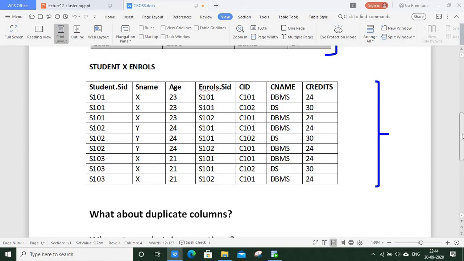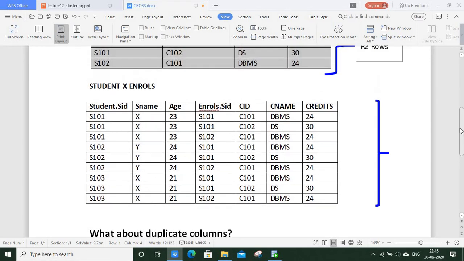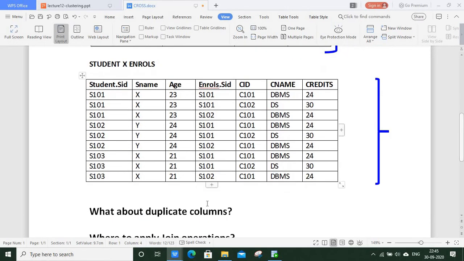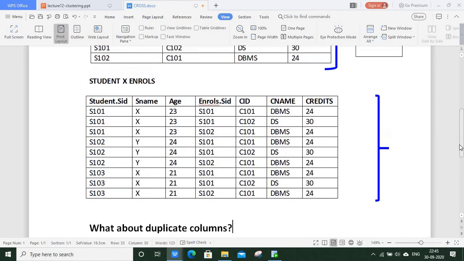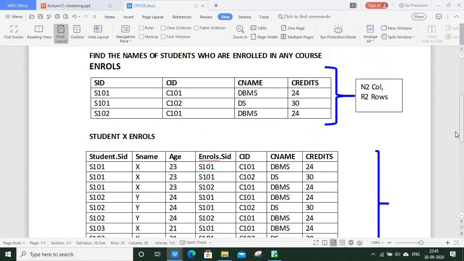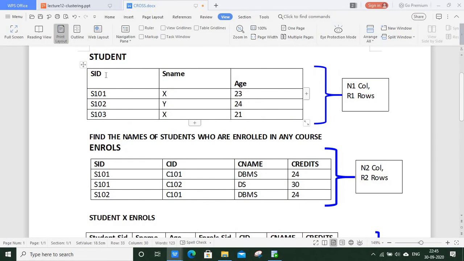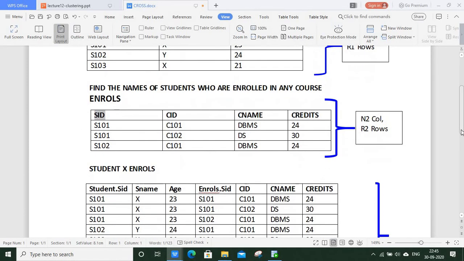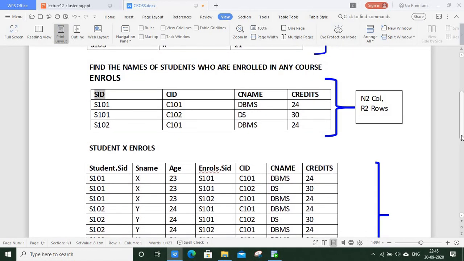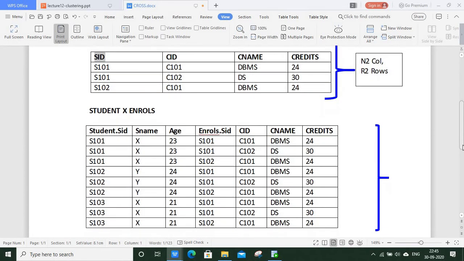Now there comes a problem: when we have duplicate columns in the two tables, how can we identify those duplicate columns? You can see that in these two tables we have student ID as a duplicate column, and when we take the cross product, we will be in an ambiguous situation. We won't be able to identify which particular student ID we are talking about.